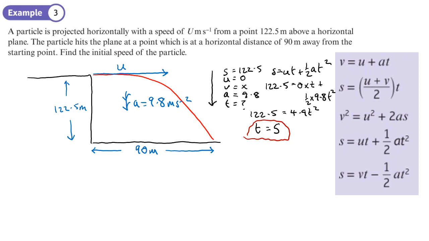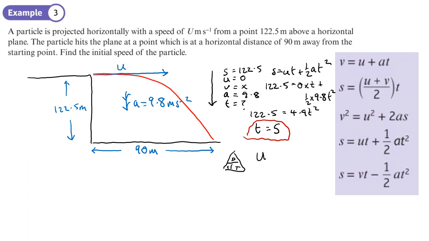Vertically, I can now substitute that into my horizontal. Now, we can just use speed equals distance over time. So I have the time, I have the distance. So the distance divided by the time is going to give me u. So let's write that down.